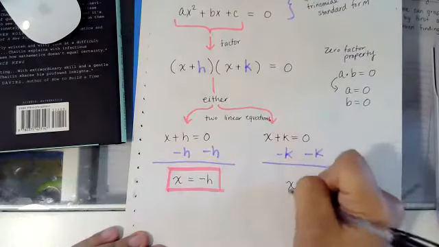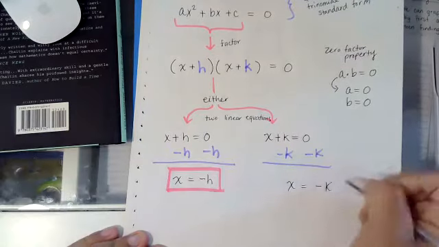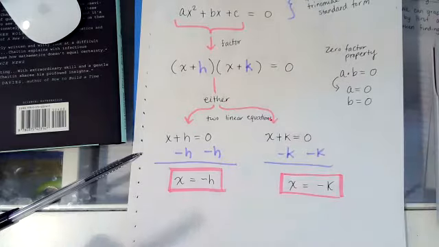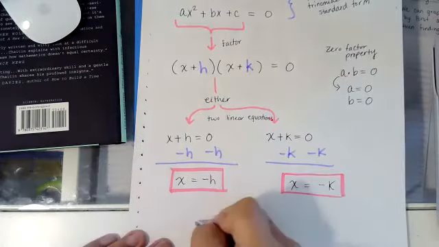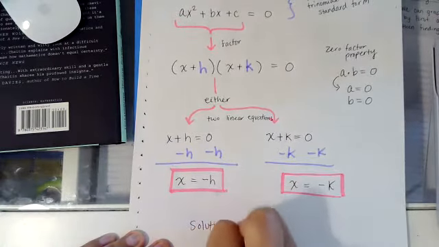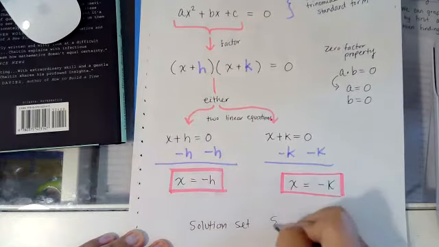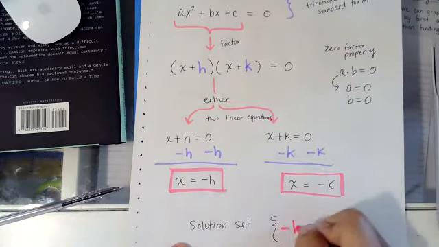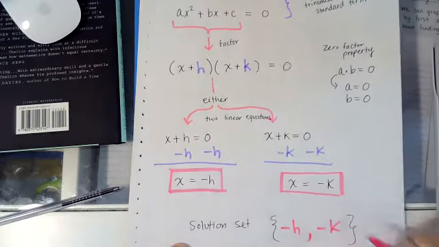That would give me x is equal to negative k. So that's a different solution, potentially. So my solution set in this really weird example where I don't have any numbers in it at all, except for 0, is going to be negative h, negative k.